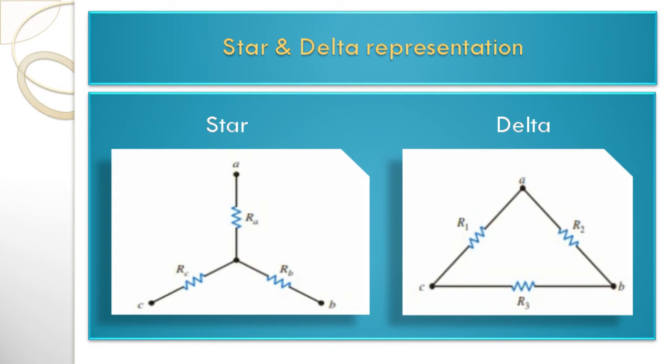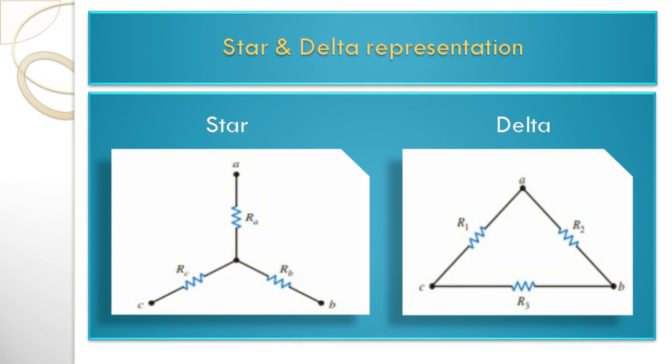We have selected common labels A, B, C for the respective terminals in star as well as in delta, and in the star network the resistances in clockwise direction are RA, RB and RC. Similarly, in the delta connection, we labeled the resistances R1, R2 and R3 in a clockwise direction.